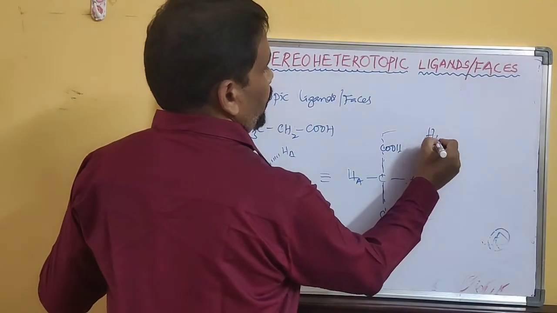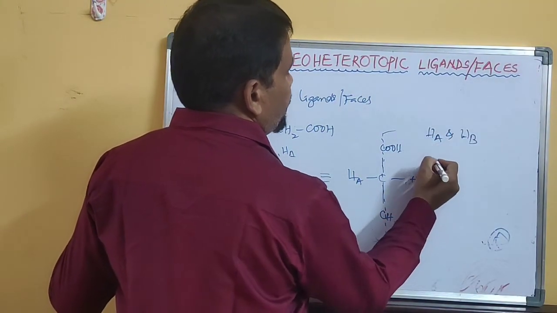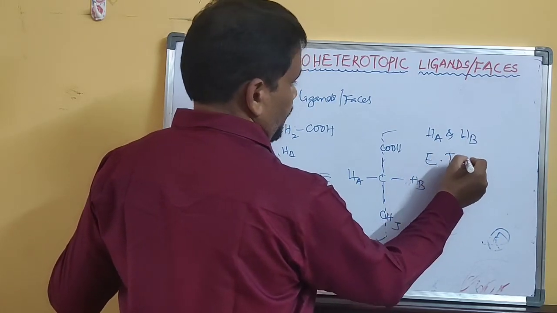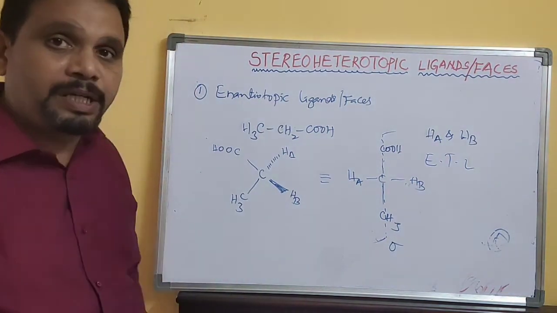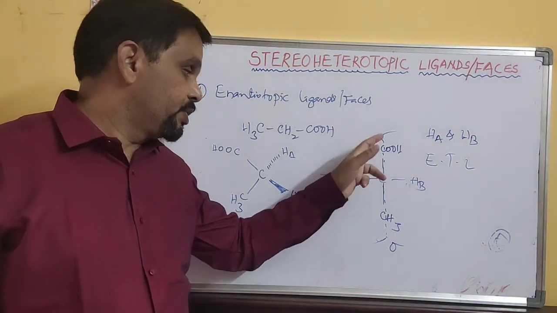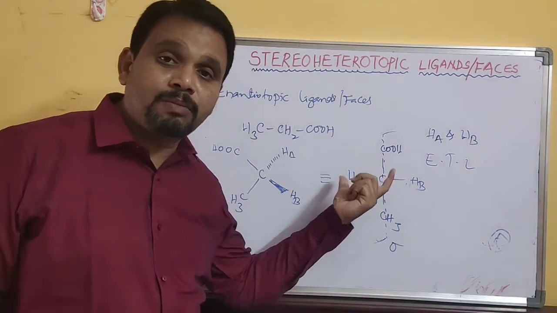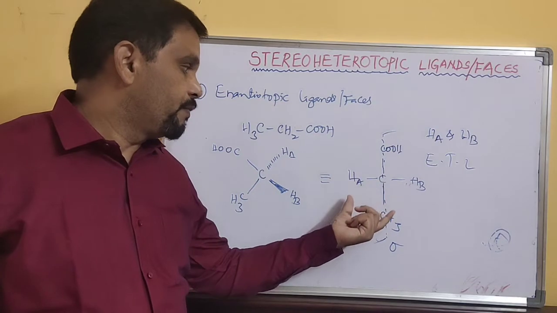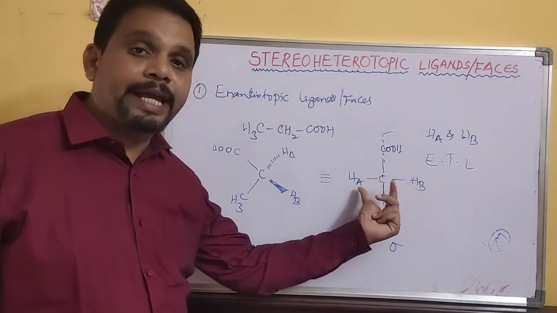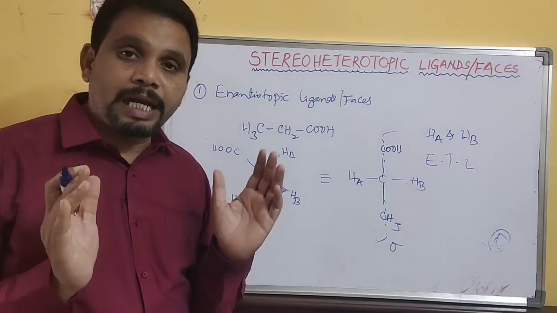Ha and Hb can be considered as enantiotopic ligands, ETL, because of the plane of symmetry in this molecule, which divides two equal parts of that molecule. So therefore these two atoms or groups or ligands are exchangeable with each other, are identical.